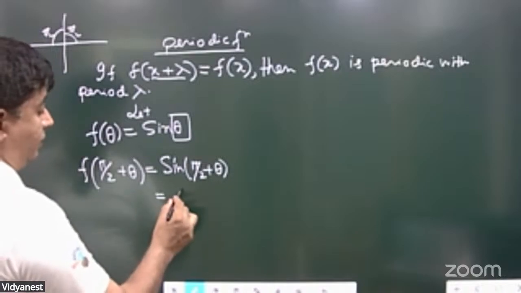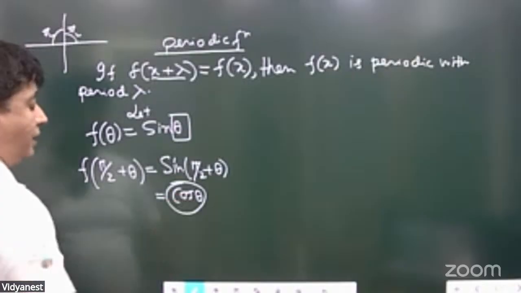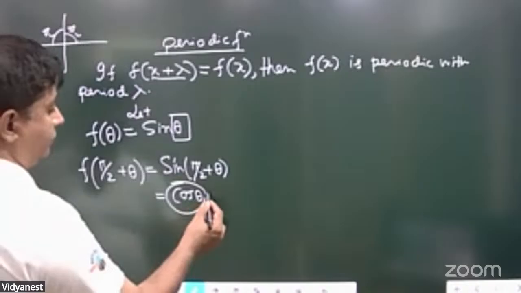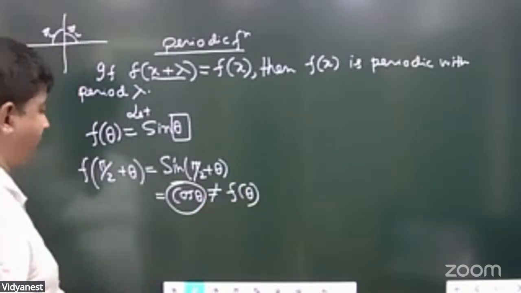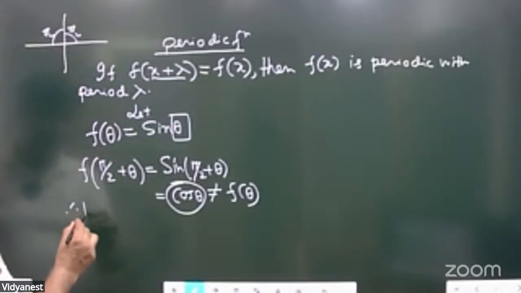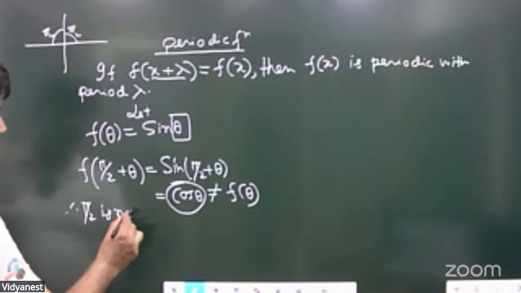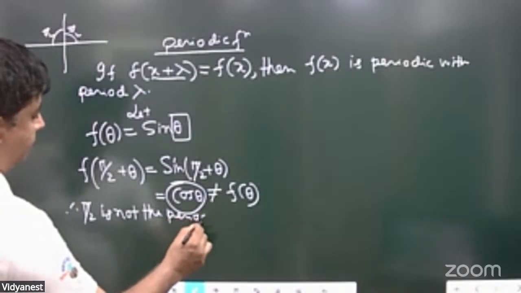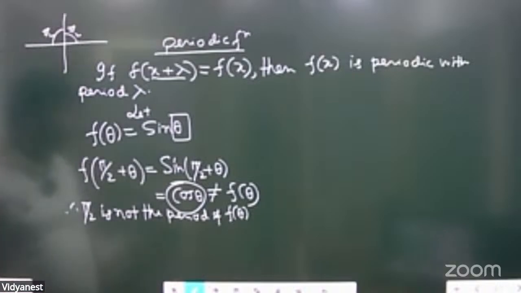It will be cos theta. Did I get f(theta) back? No. So pi by 2 is not the period of f(theta).